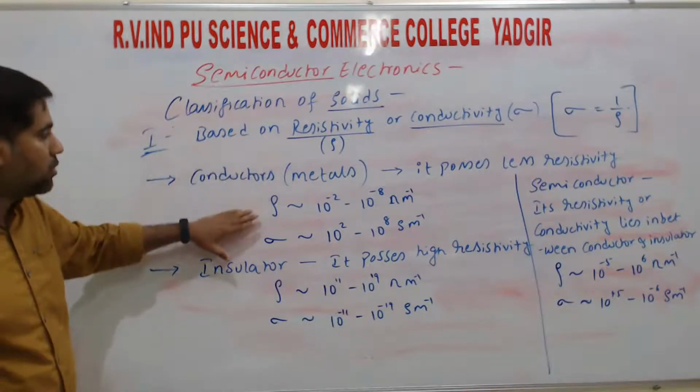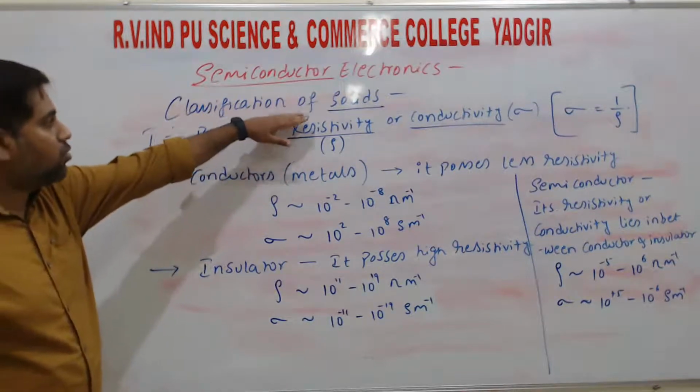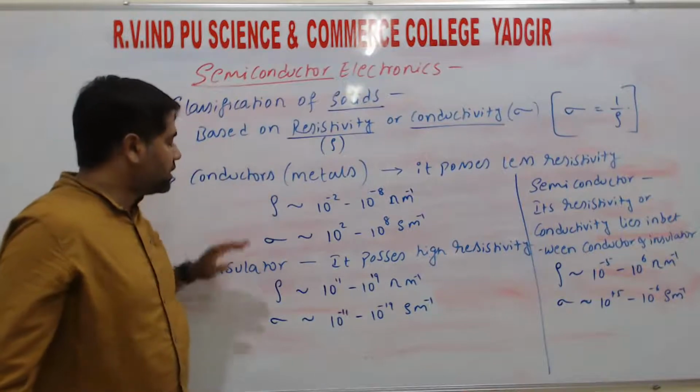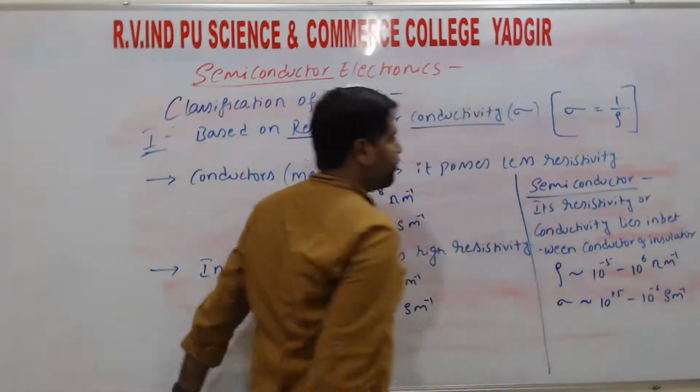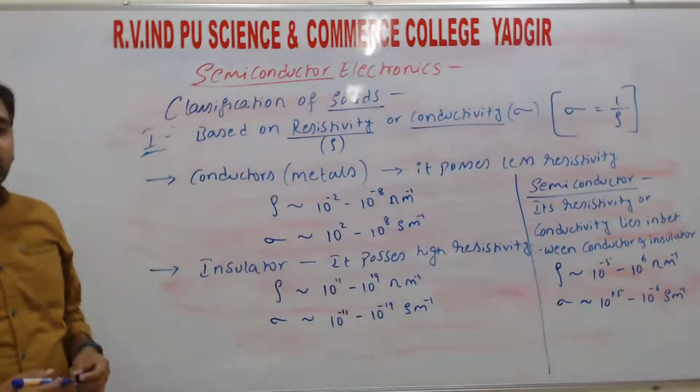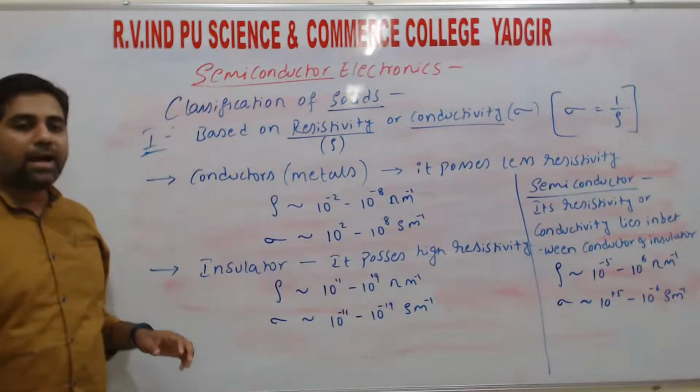So not only based on the resistivity, we are going to classify as conductors, insulators and semiconductors. In this chapter, the main classification is based on the valence band, right?